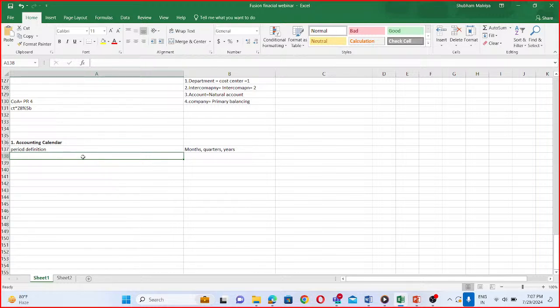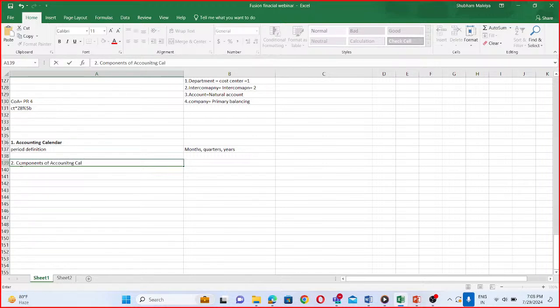There are some components of the accounting calendar. Let's discuss the components of the accounting calendar. One component is period, which we have discussed.